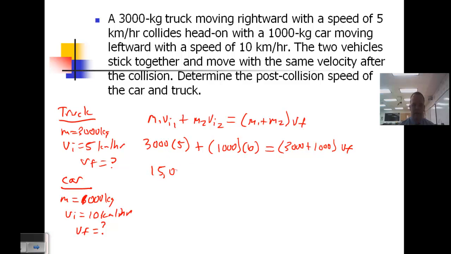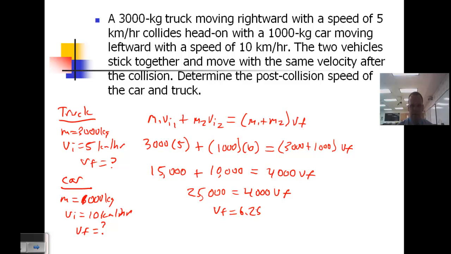So we get 15,000 plus 10,000 equals 4,000 v final. So 25,000 equals 4,000 v final. We get a final velocity of 6.25. Not meters per second here because we started in kilometers per hour. So it will now be 6.25 kilometers per hour.